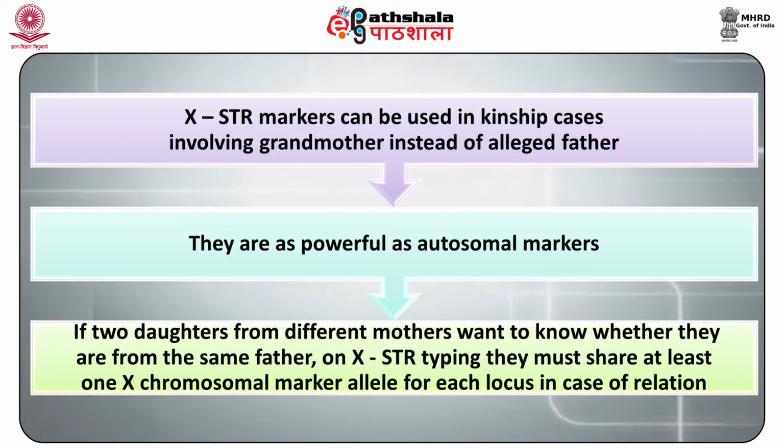They are as powerful as autosomal markers. If two daughters from different mothers want to know whether they are from the same father, on XSTR typing they must share at least one chromosomal marker allele for each locus in case of relationship.